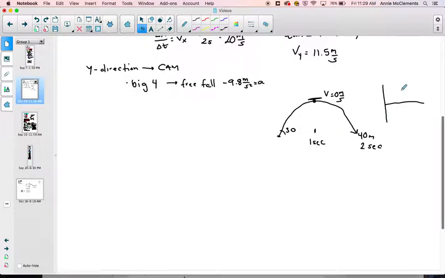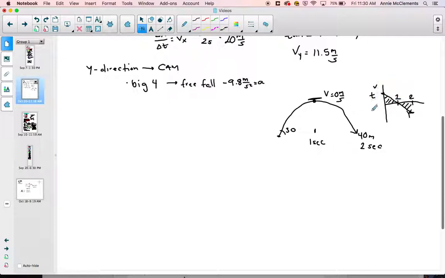If this is our velocity time graph, and this is some positive height, the area of these two triangles has to be equivalent, because there's no net displacement, it returns to the same spot. So the initial velocity and the final velocity have to be the same. Therefore, the time interval across these two triangles needs to be the same. So it's going to take it 1 second to reach its maximum height.